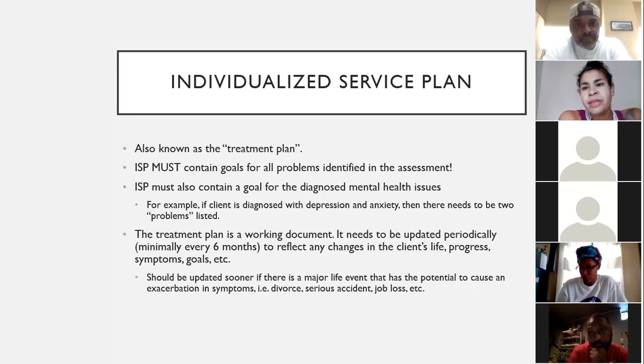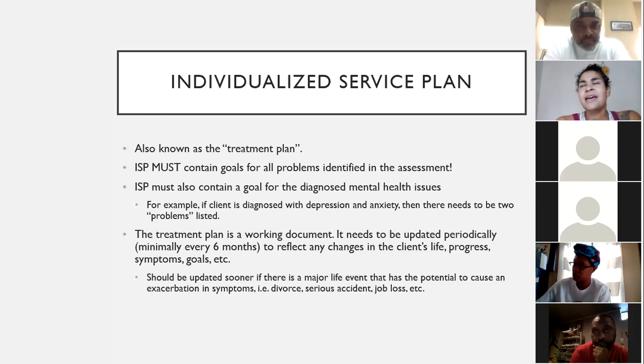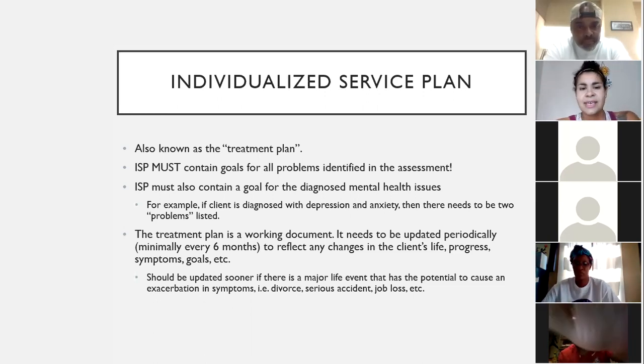So the treatment plan itself is a working document. It is updated periodically, minimally every 6 months, to reflect any changes in the client's life, the progress they're making, things like that.